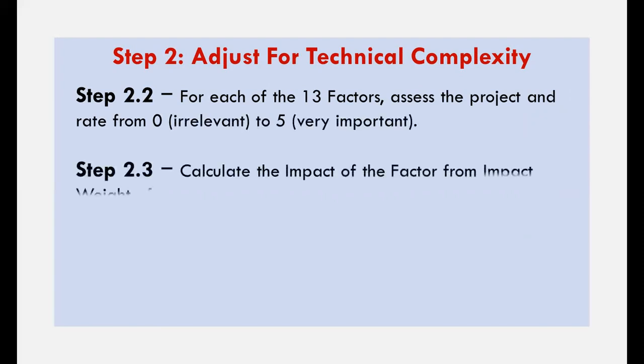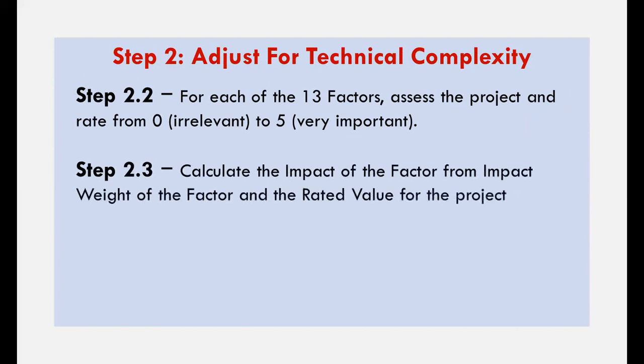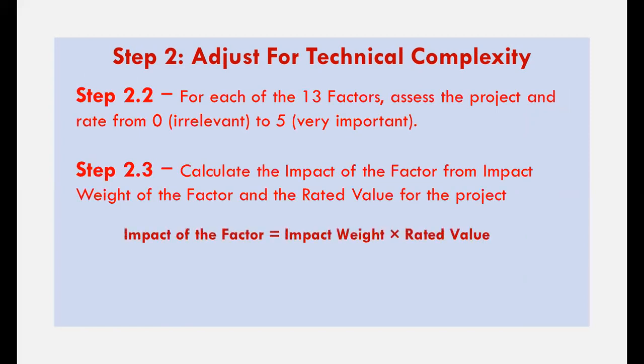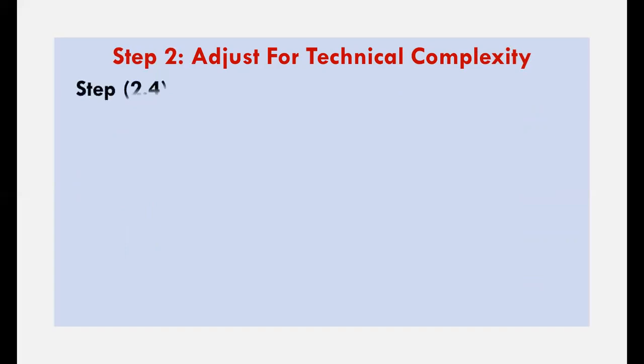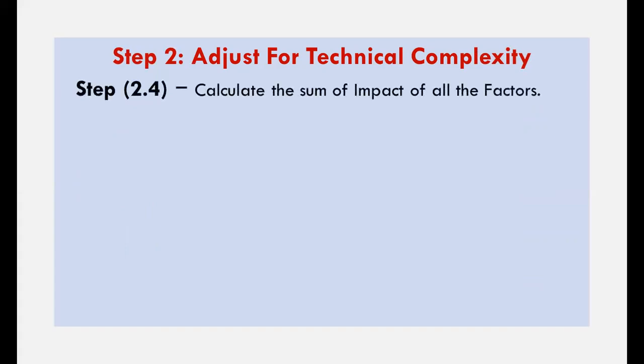Whereas in step 2.3, we need to calculate the impact of the factors from the impact weight of the factors and the rated value of the project. That is given as impact of the factor is equal to impact weight into rated value. Now, in step 2.4, we need to calculate the sum of the impacts of all the factors.